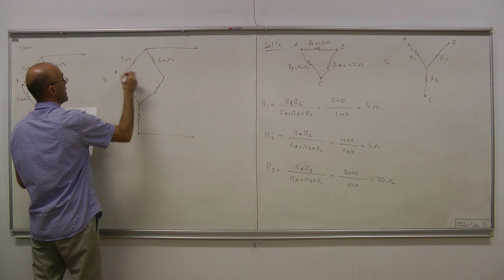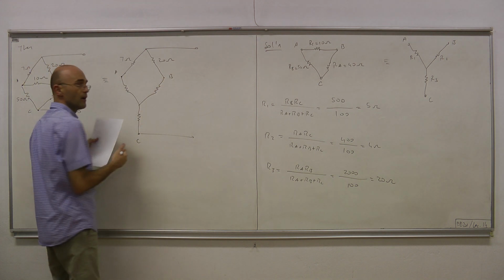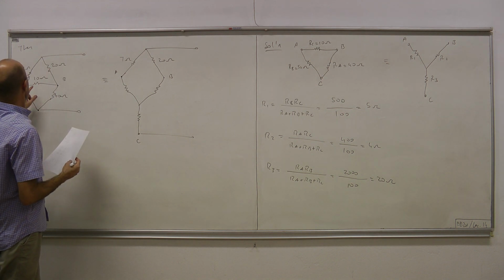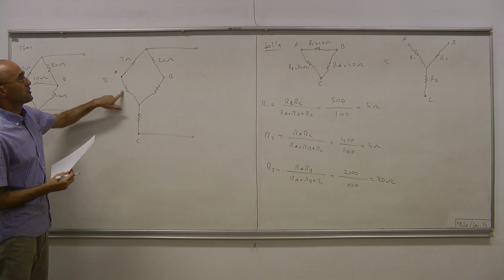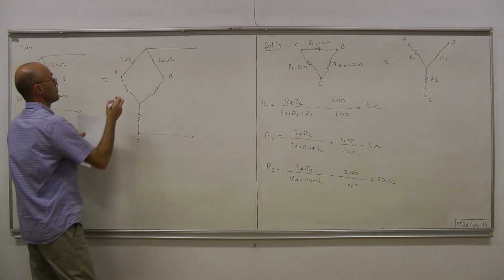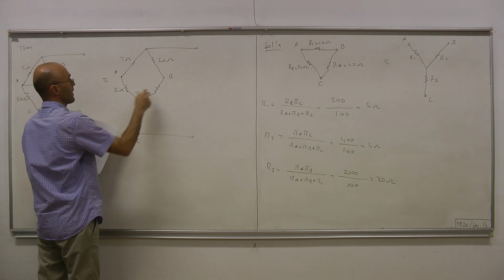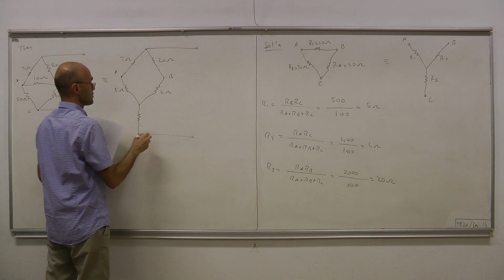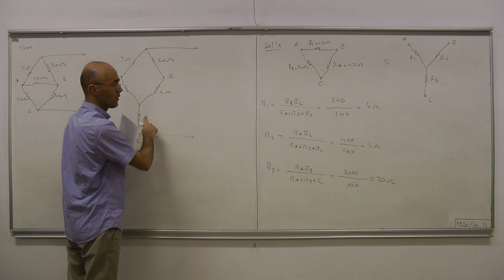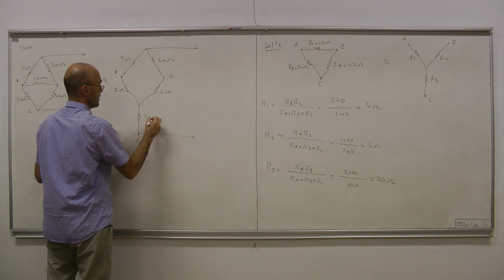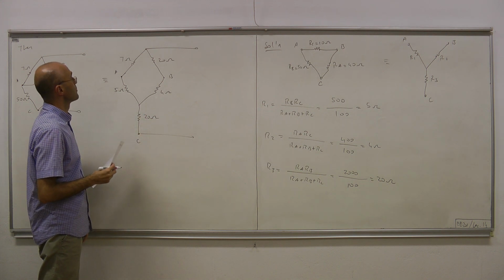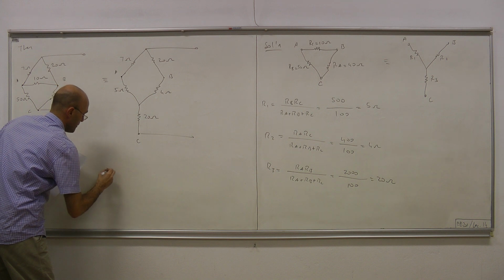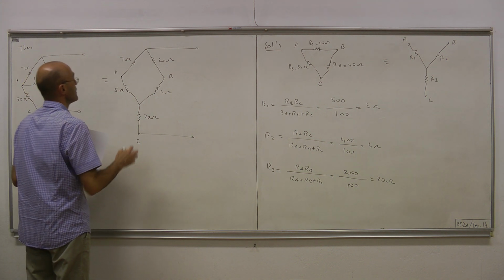So here, this must be R1, and R1 is 5 ohms. This must be R2, and R2 is 4 ohms, and this last one is R3, and it's computed to be 20 ohms. Now this is equivalent to what?